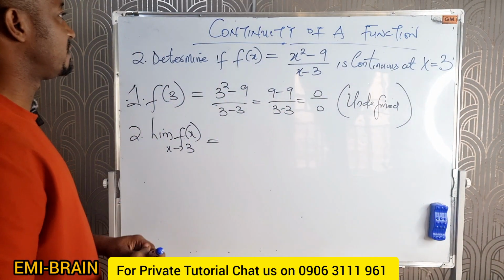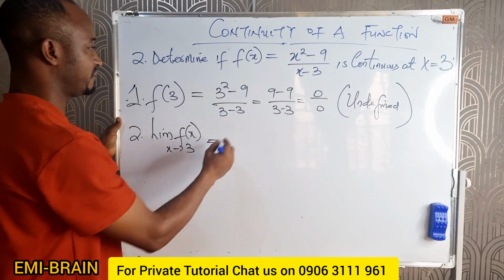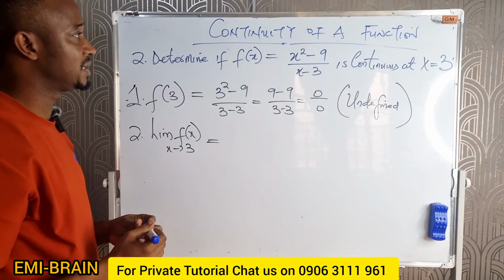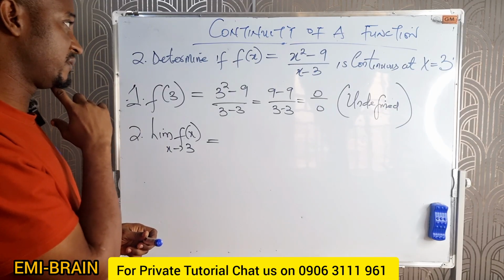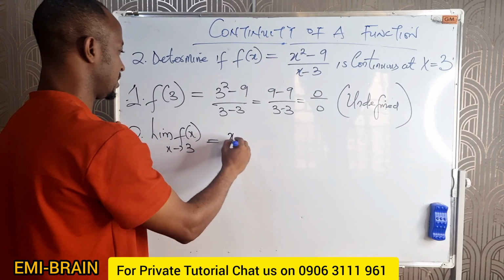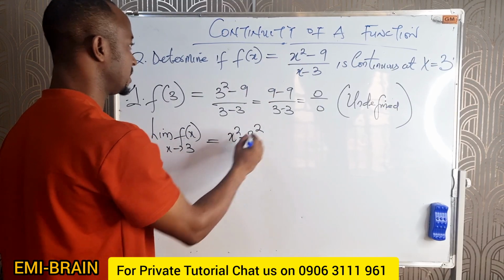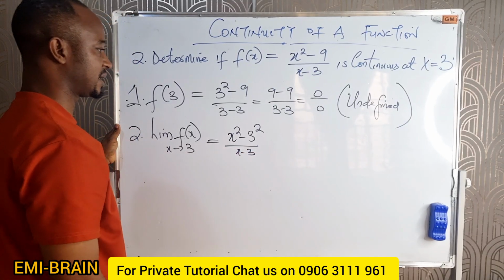Okay, so let's look at this. We have to factorize this expression. We can use the principle of difference of two squares to factorize, and that gives us x squared minus 3 squared divided by x minus 3. Is that clear?